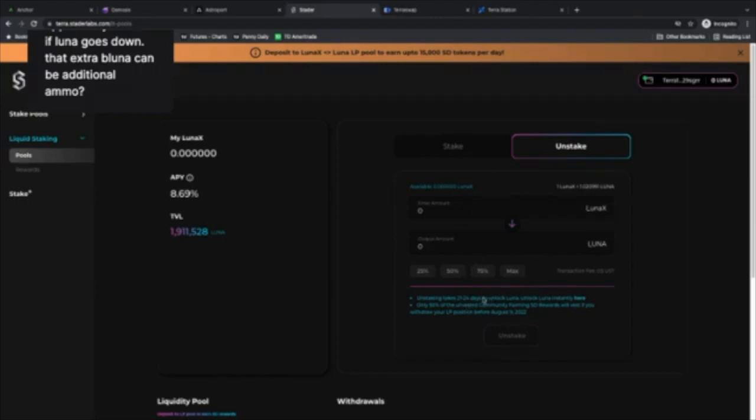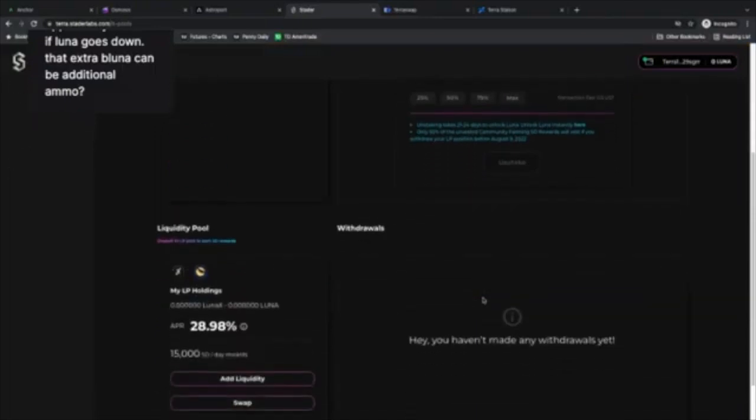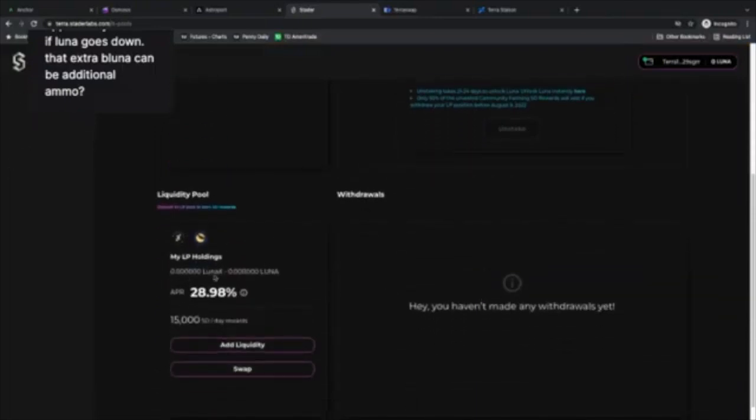And then down here, there's this, I call it the lossless kind of liquidity pool. And why it's lossless is because you're essentially staking Luna and Luna X. You're getting an APR of 28.98%.